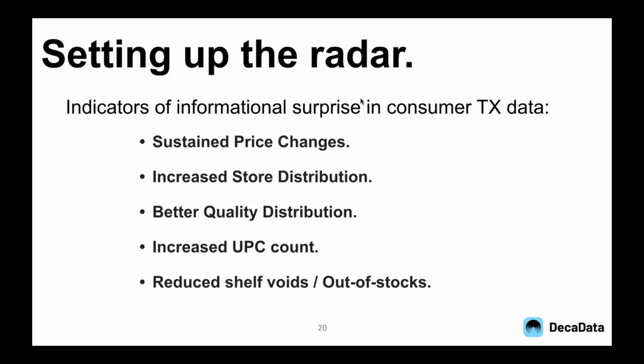Looking at increased store distribution, which we touched on briefly, it is an obvious feature, but it's not always once a retailer decides to list a particular product, then each new division or region or store that the product is listed in isn't necessarily included in the press release. So there might be some information that's captured there. Again, we can talk about better quality distribution.